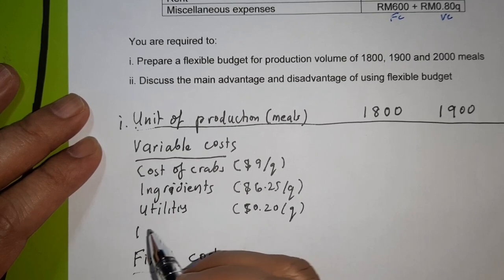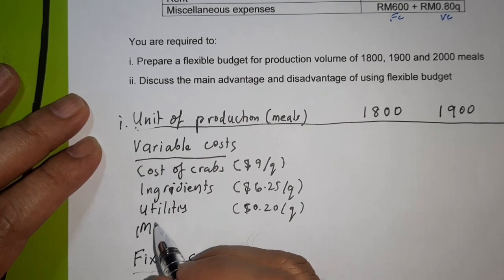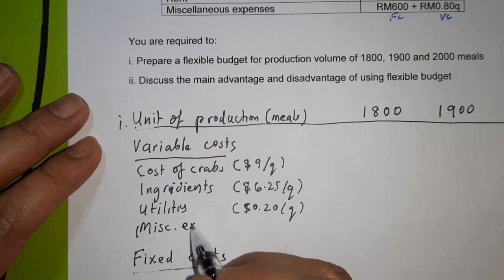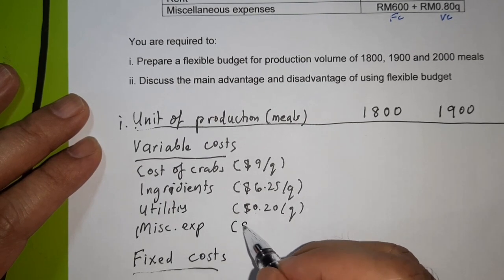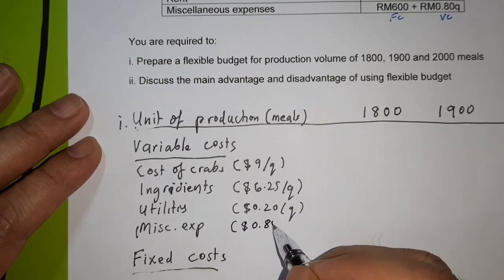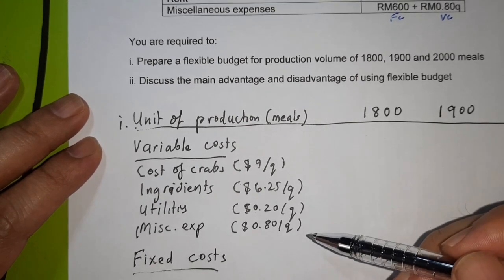And the number 4, the cost is miscellaneous expense. The cost is 80 cents per meal. Okay, these are the variable costs.